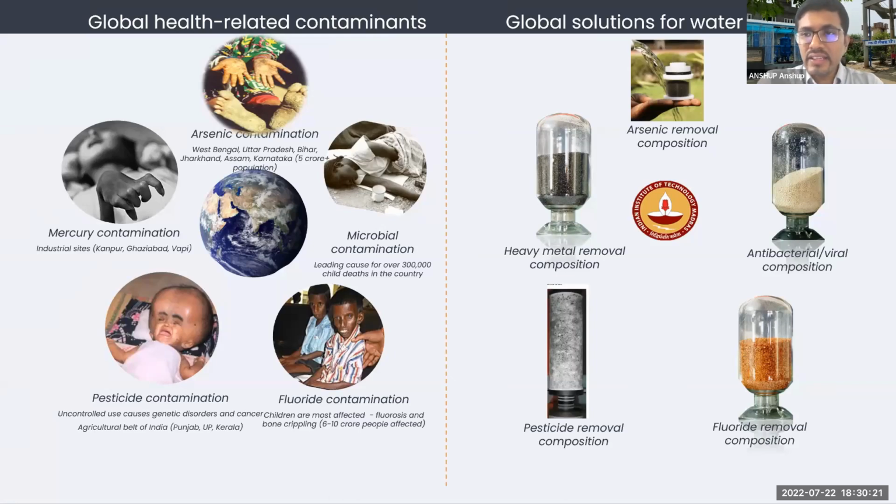However, as we understand the effects of these contaminants on human health, it is becoming very clear that we need to remove contaminants to the best possible limit. Right now, the limits are set by WHO and EPA. In India, it is set by BIS, which is the Bureau of Indian Standards.